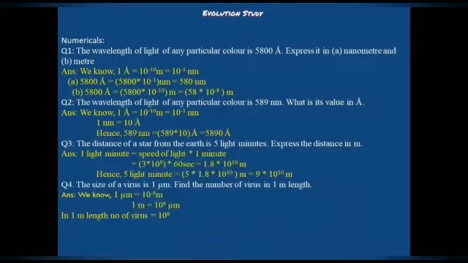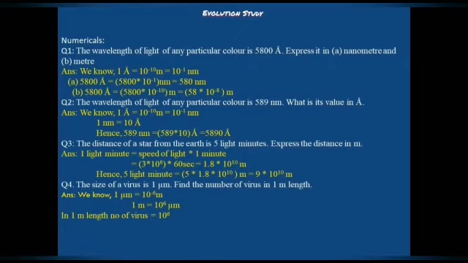Now let's quickly do some numericals to understand this in a far better way. Question number 1 says the wavelength of light of any particular color is 5800 Angstrom. Express it in A, nanometer and B, meter. We know 1 Angstrom is equal to 10 to the power minus 10 meter, which is 10 to the power minus 1 nanometer.